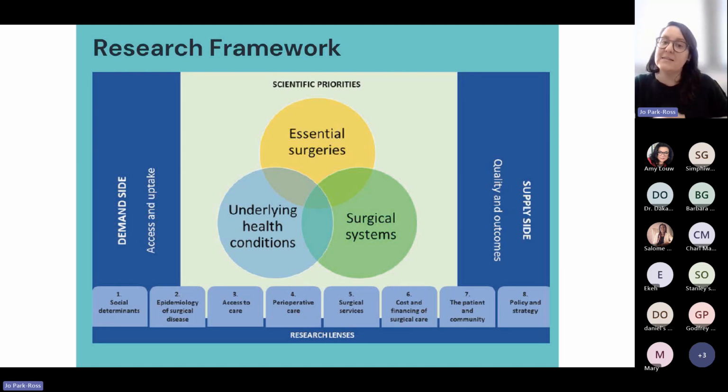Accessing care, and accessing care timeously, is an important part of how we evaluate a healthcare system. On the other side is the supply side. How do we supply quality perioperative care and surgery? How do we ensure good outcomes and best outcomes for patients and their families?